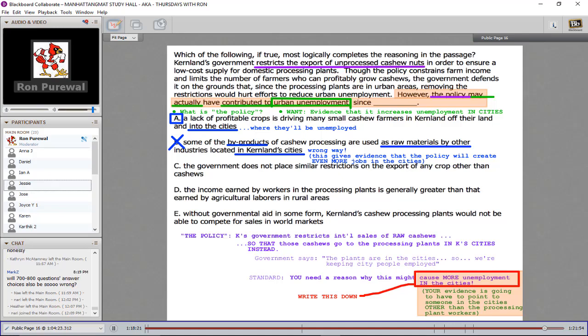So the other choices people didn't really pick. We don't care about crops other than cash crops, so C is irrelevant, and we don't care about amount of income. We just care about whether people have a job or not. So D doesn't matter. And we don't care about E because we are only talking about what happens if there is governmental aid. E is about what happens if there's not governmental aid.